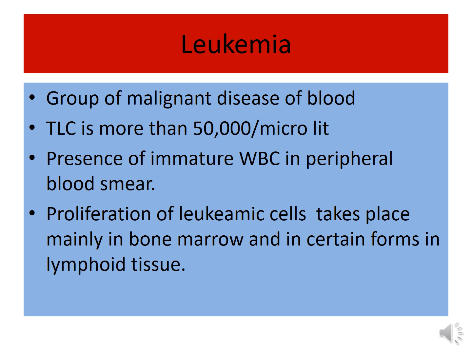Another characteristic of leukemia: when you see the peripheral blood smear, there are plenty of immature WBCs present. Proliferation of leukemic cells takes place mainly in the bone marrow and in certain forms in the lymphoid tissue.